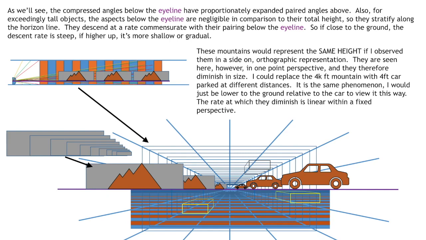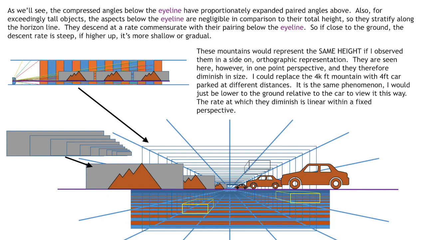As we'll see, the compressed angles below the eye line have proportionally expanded angles paired above. So as one compresses, the other expands. Keep that in mind. Or as I move left and compress the left angles, the angles on the right expand, and so on and so forth.